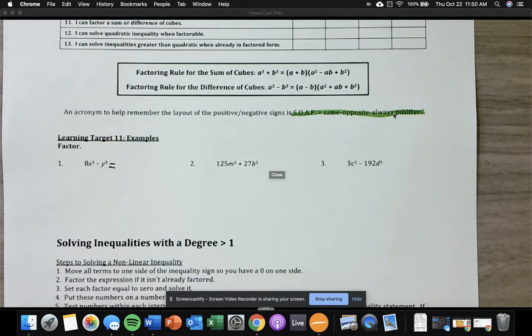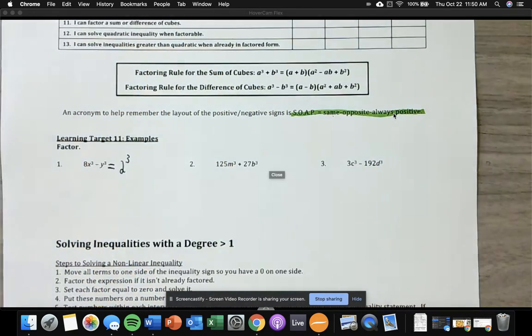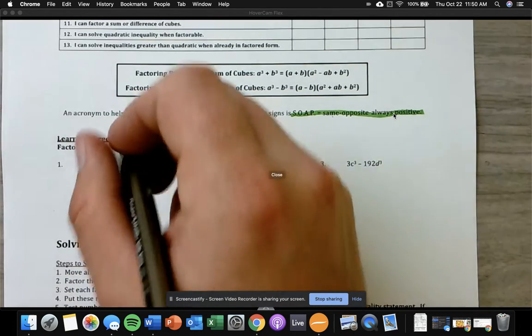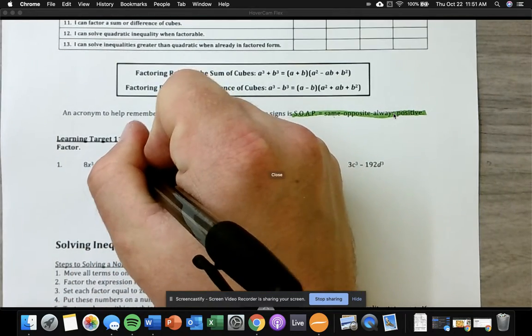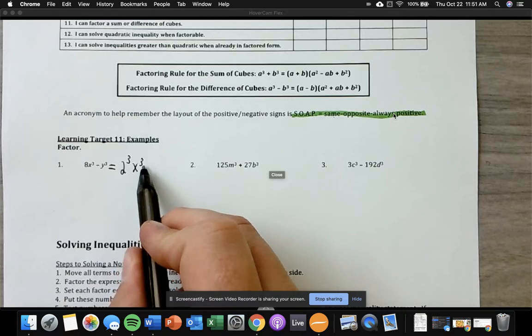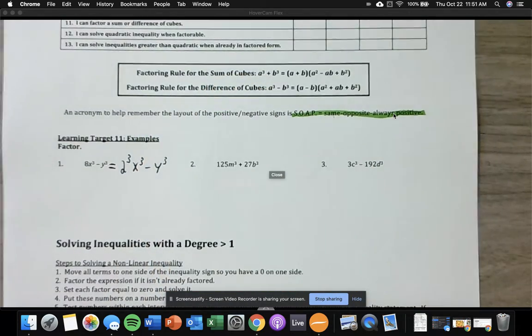I know 8 is 2 to the third power, because 2 times 2 is 4, times 2 is 8. So we can rewrite this 8x cubed minus y cubed into 2 cubed times x cubed minus y cubed.